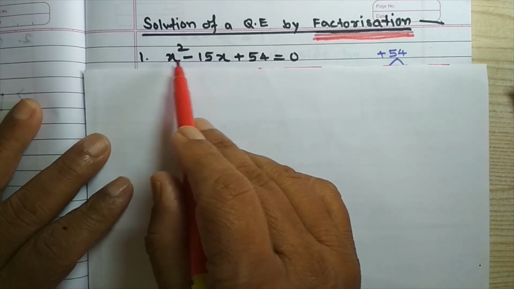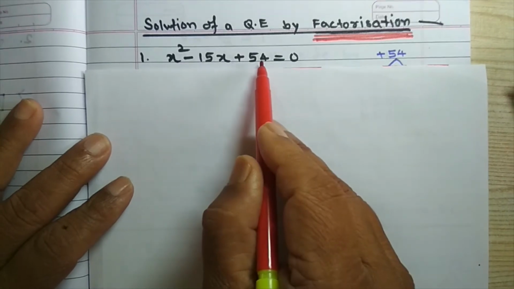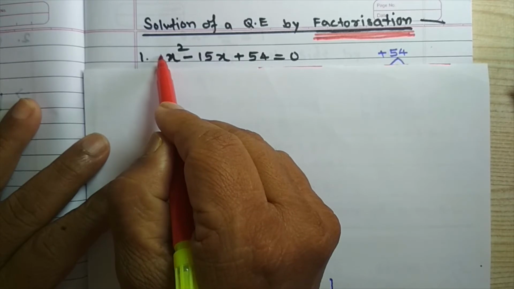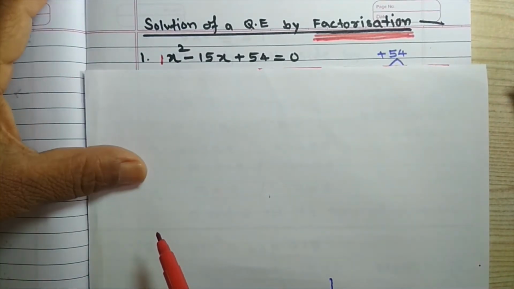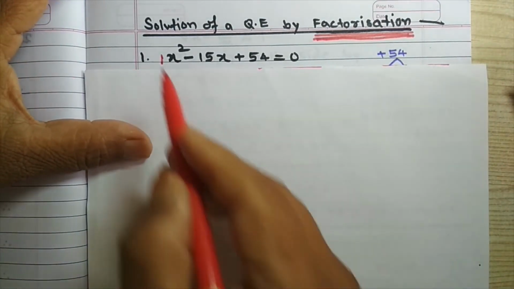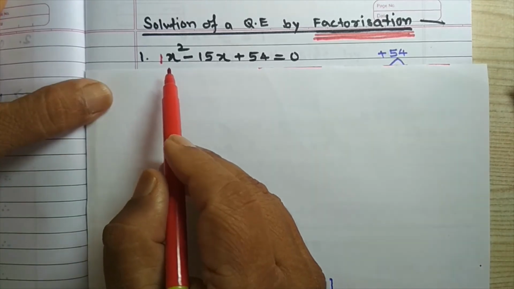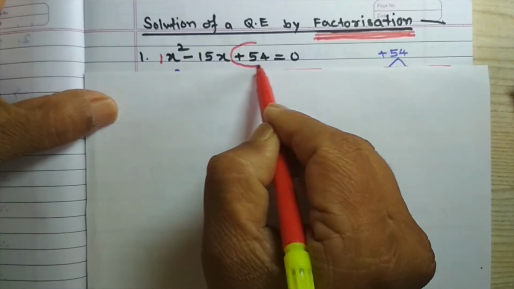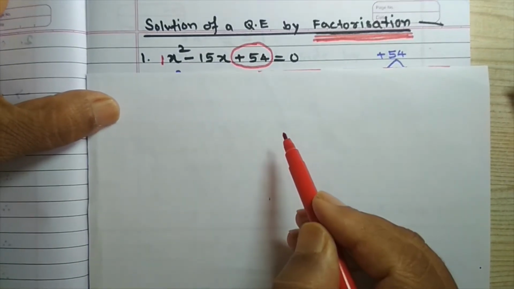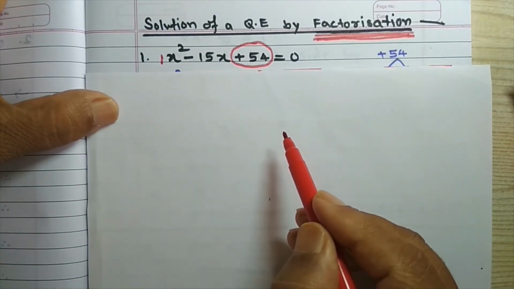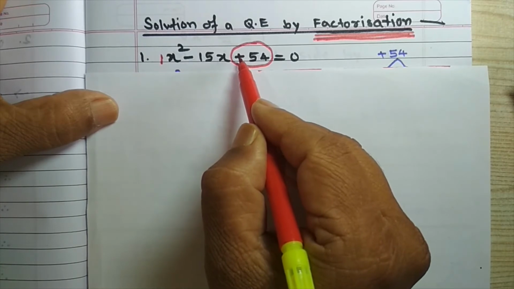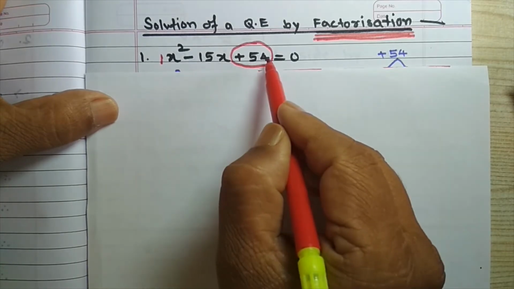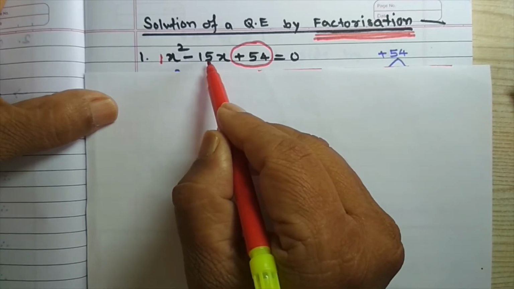This is the square term, this is the middle term, and this is the constant term. In this equation, the coefficient of the square term is 1. When the coefficient of the square term is 1, then we have to find the factors of the constant term, means factors of plus 54, and the addition of these two factors is equal to 15.